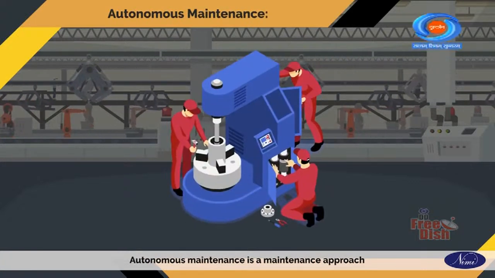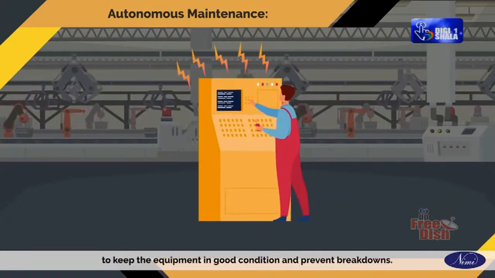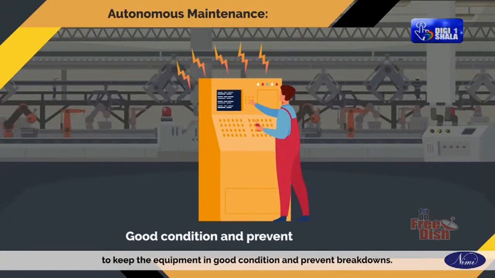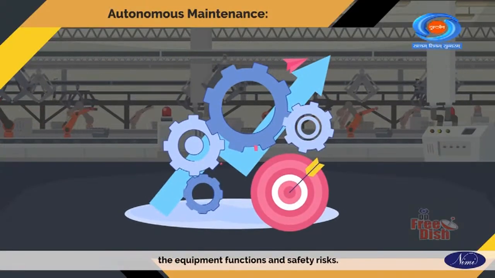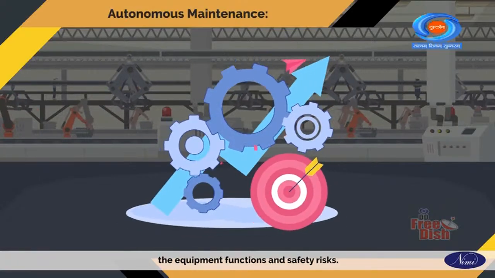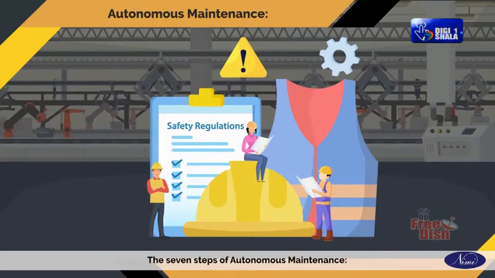Autonomous maintenance is a maintenance approach for routine maintenance tasks to keep the equipment in good condition and prevent breakdowns. Let us see the step-by-step improvement process and understand the equipment functions and safety risks.